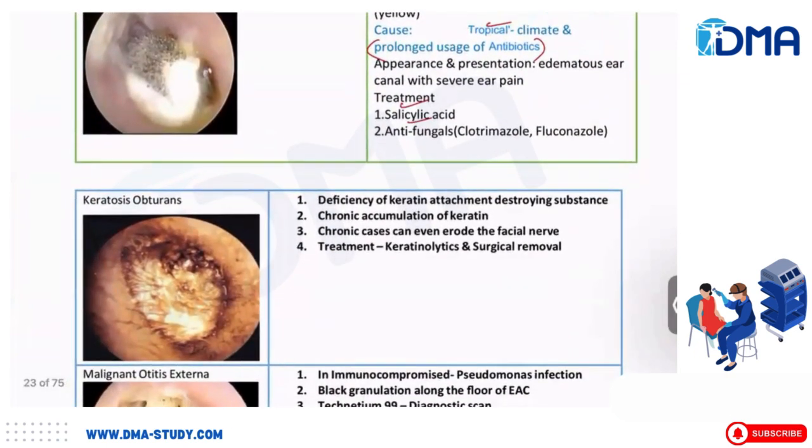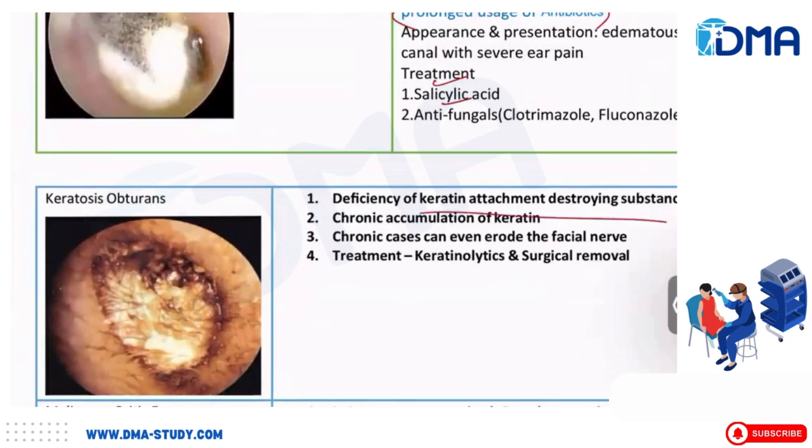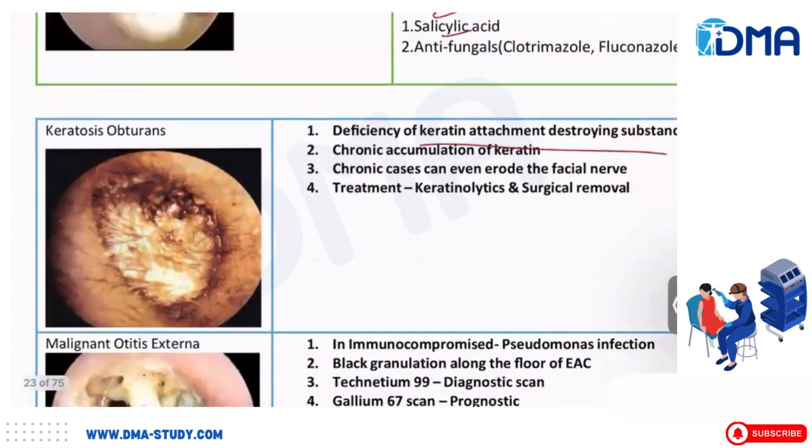Keratosis obturans. If the patient has a deficiency of a substance called keratin-attachment-destroying substance, there will be recurrent accumulation of keratin over the ear canal that leads to widening of the ear canal and sometimes even leads to facial nerve palsy. It's a very pathetic disease.